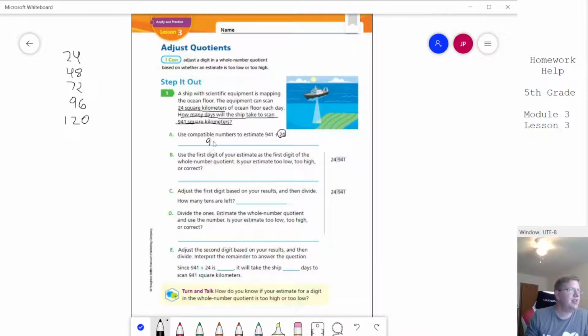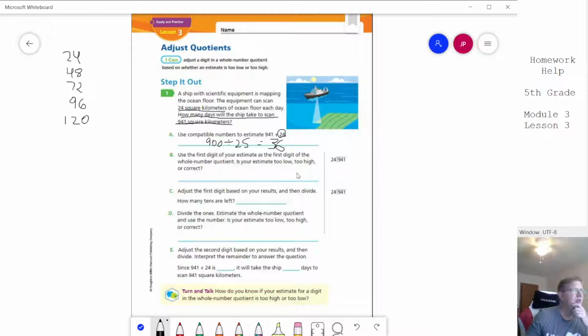And then we can round the 941 down to 900. And then we could get a really good estimate very quickly. And that estimate would get us 36, because we can count 4 times by 25 to get to 100, and we have 9 hundreds.